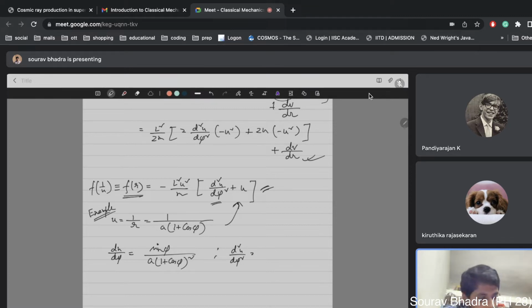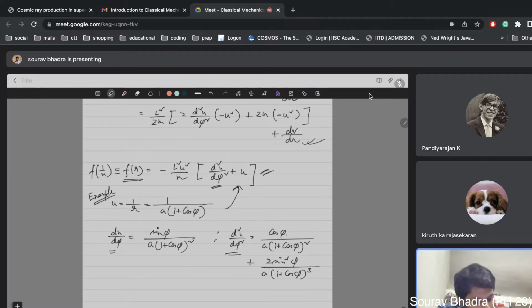Your u is given, I mean r is given, and we are trying to find out the force acting on the particle. So it is cos phi (1 plus cos phi) square plus 2 sin square phi by a, using the UV method of differentiation. So your d2u d phi square is this, and your du d phi is this.